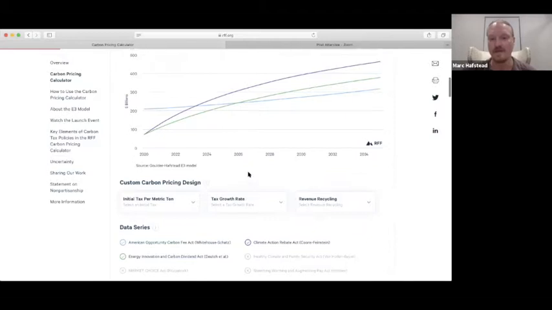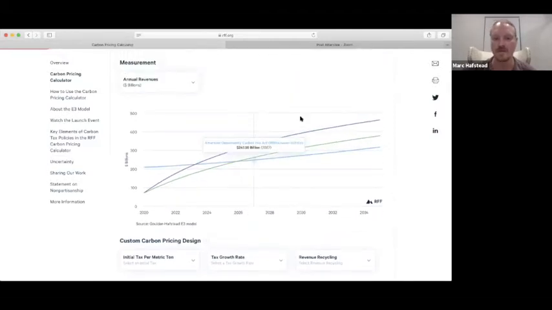Even though the policies are reducing emissions, because the price is increasing on an annual basis, we anticipate at least through 2035 that revenues will be rising. That's one thing you hear from people who may oppose carbon pricing. They say, well, if you're going to use it as a revenue source, you're just going to send revenues to zero. But with the price increasing over time, we don't see that, at least till 2035. Maybe in the longer run we'll see that, but we don't see that in the shorter run.